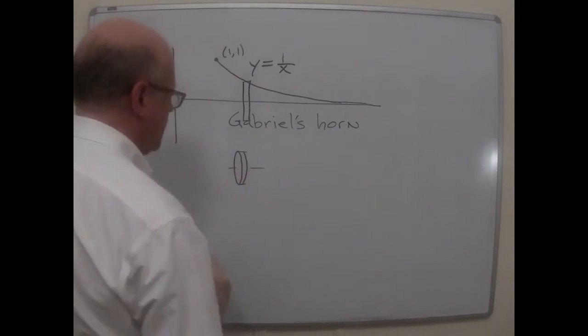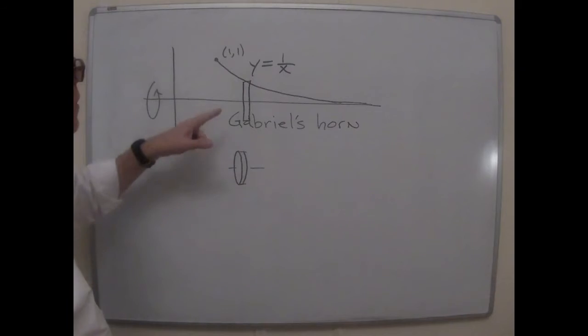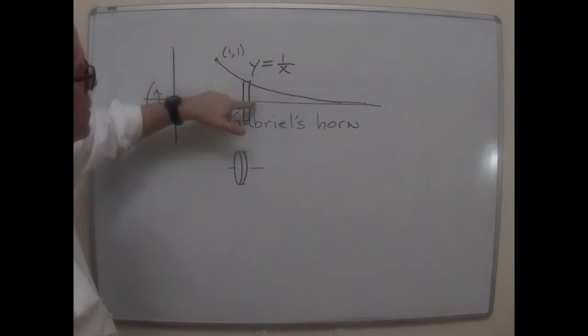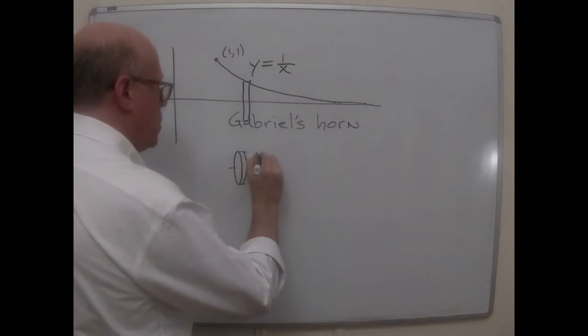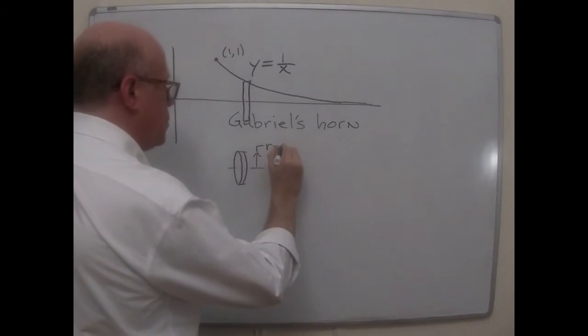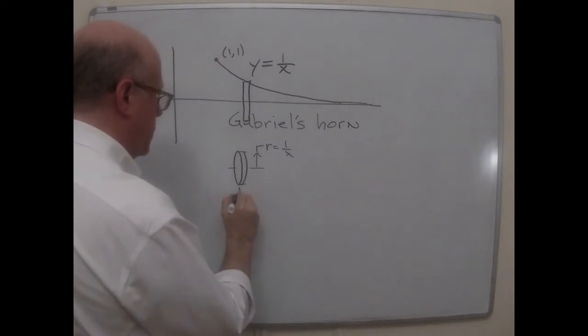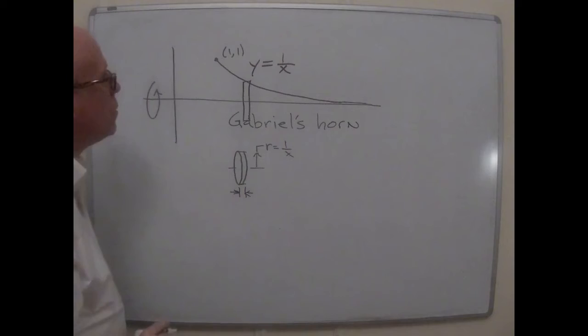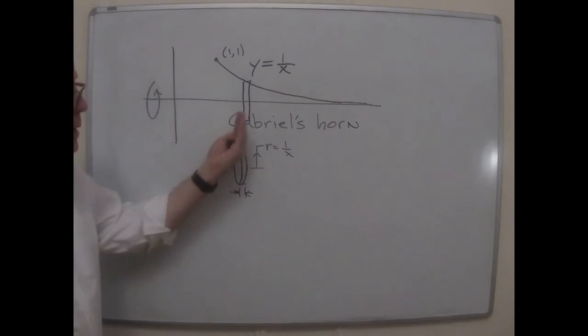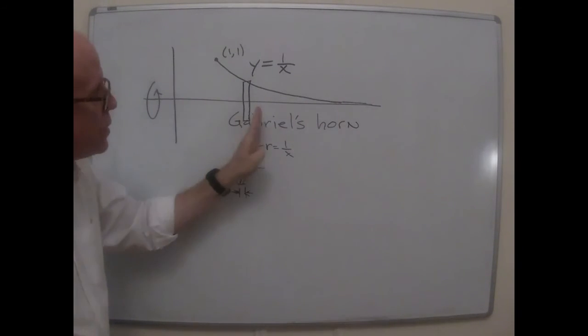So what kind of dimensions does this disk have? Well, its radius is the y-coordinate on the curve, right? So our radius equals 1 over x, and our thickness, that's we're integrating in the x direction, right? From x equals 1 to infinity.